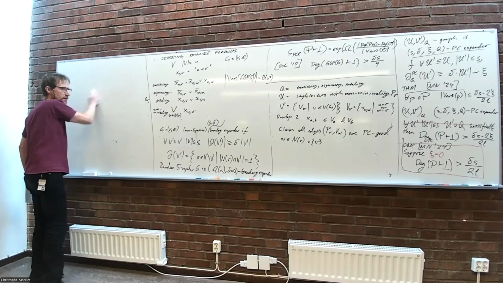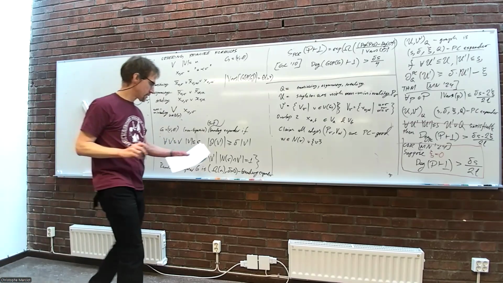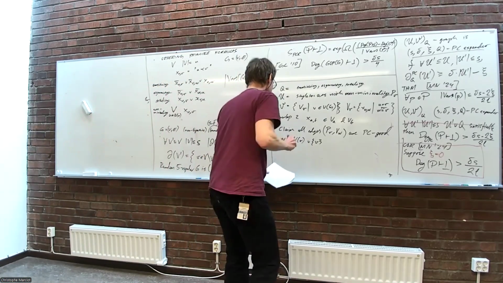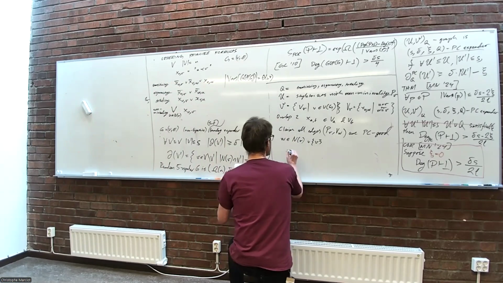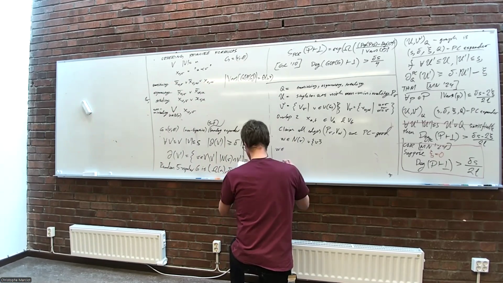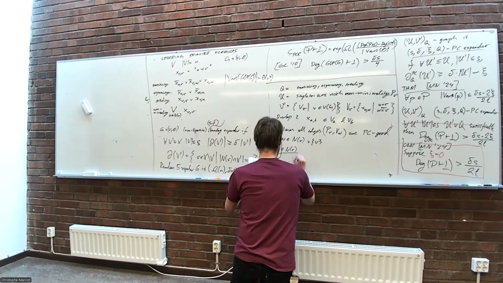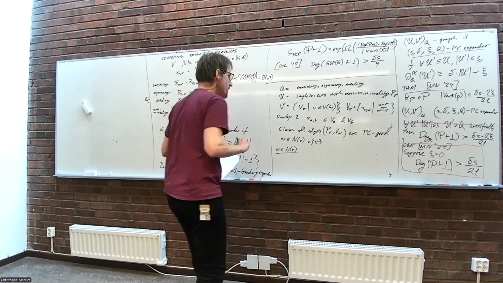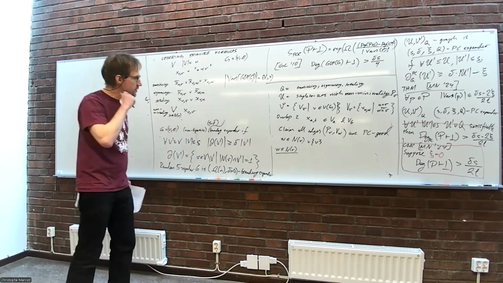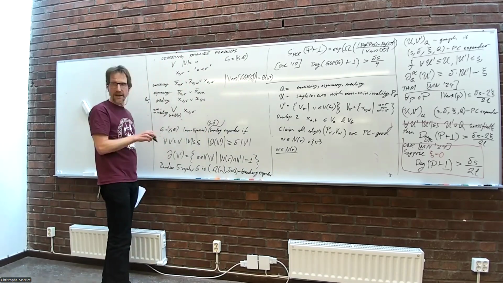And now, let's look at the case where W is a neighbor. Then I have to make, okay, what can I do?